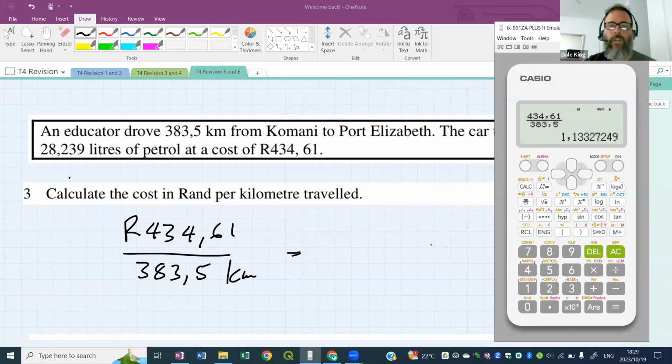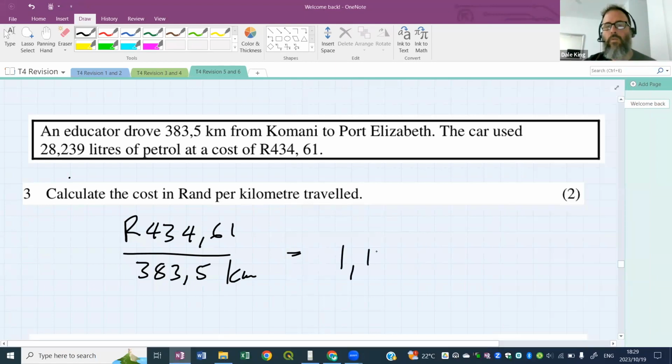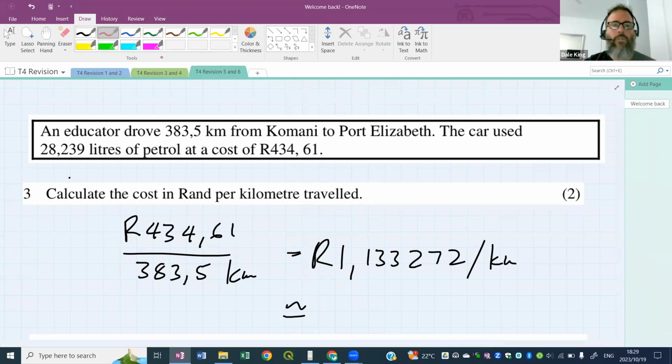All right. 1.133272 rands per kilometer. And we're going to round it off. Looking at the second decimal of the 3, it does not change. So it's just 1 rand and 13.